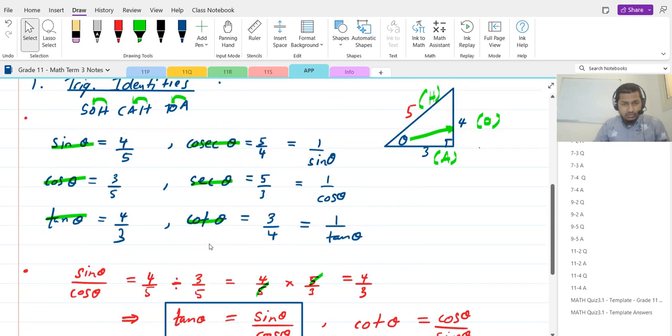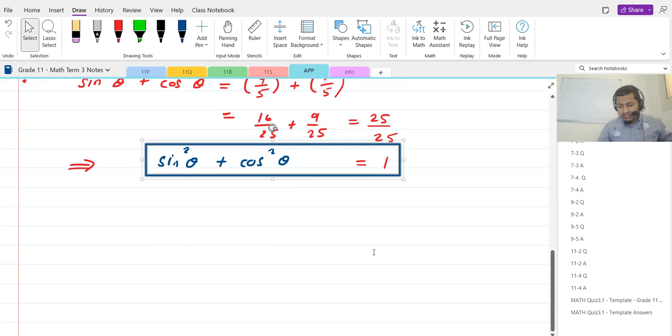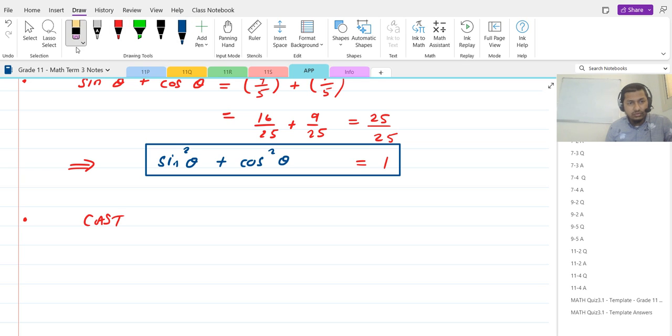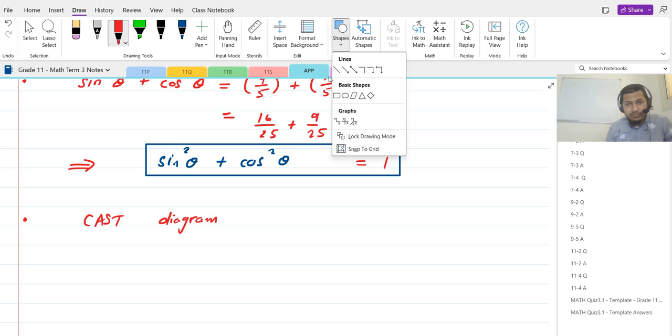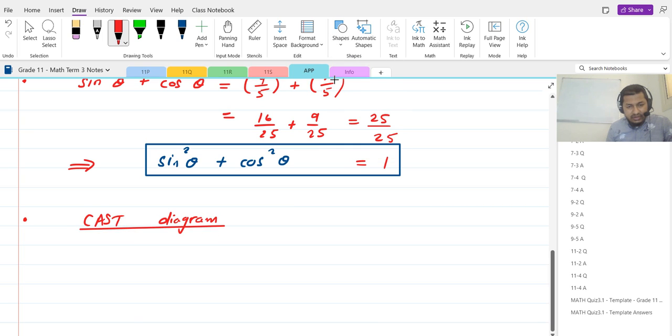Right, so this is sorted out. Next thing we're going to derive is the cast diagram. These are all important preliminaries in order for you to answer question 1 and 2. So looking at the cast diagram, how do we derive the cast diagram?